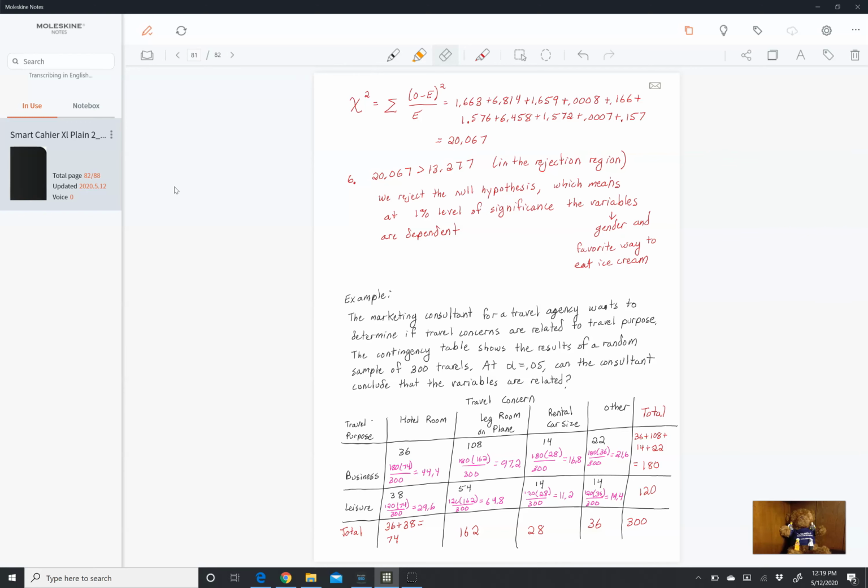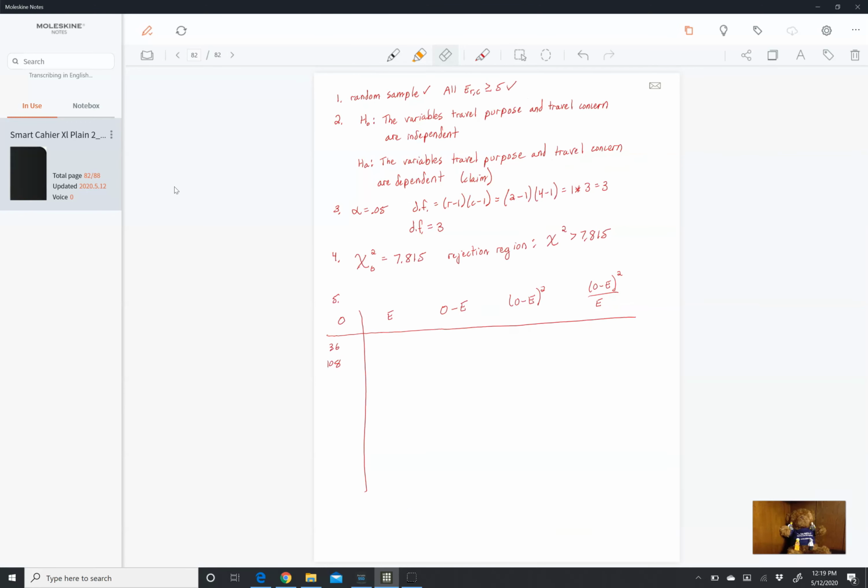So we have 36, 108, 14, 22. Then in the second row, we have 38, 54, 14, and 14.